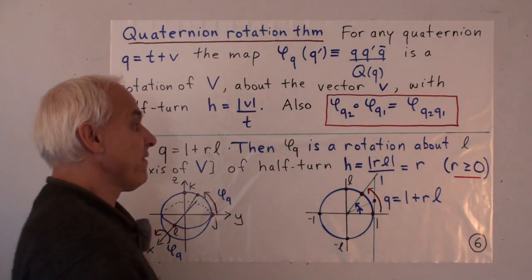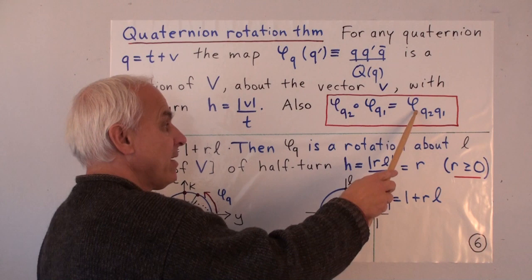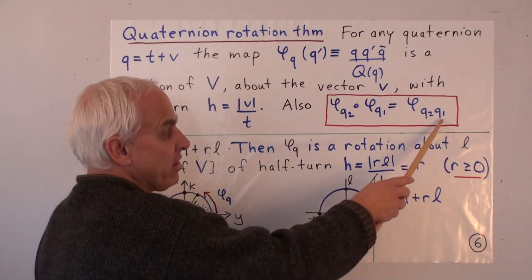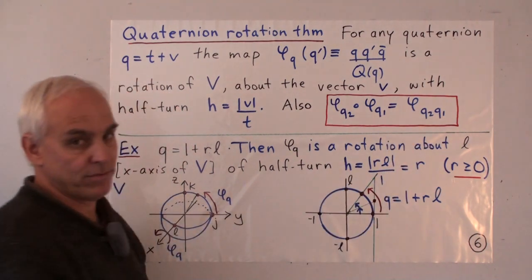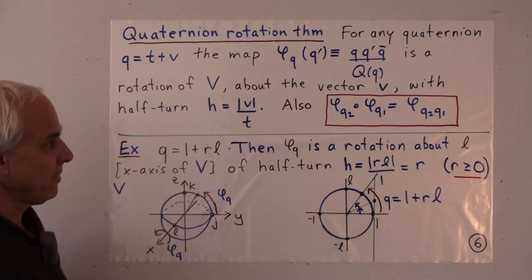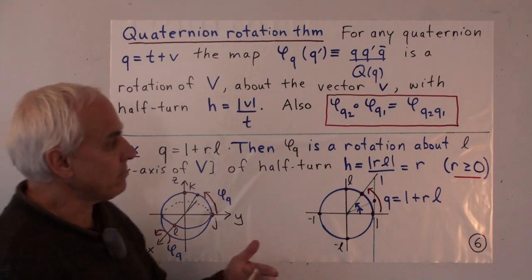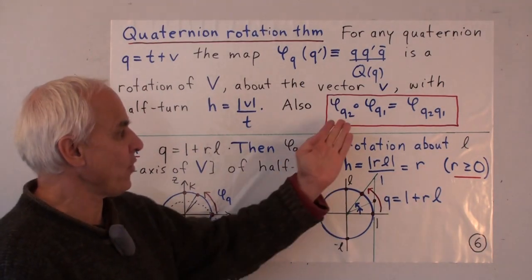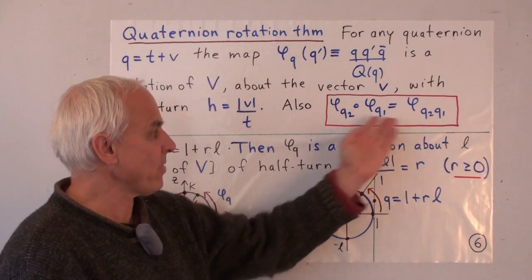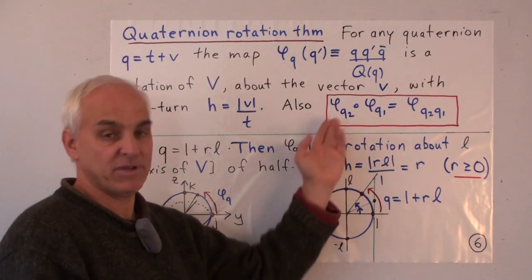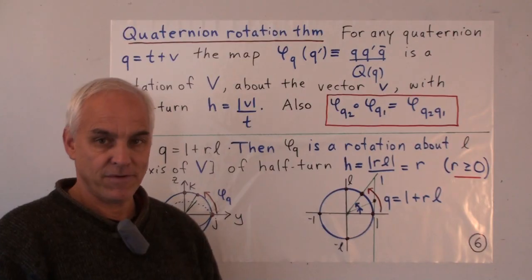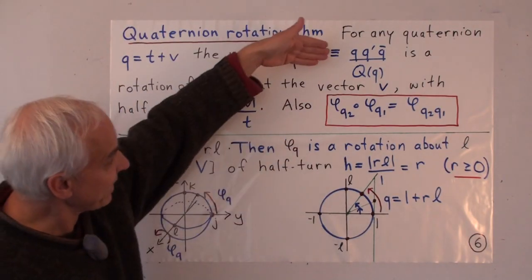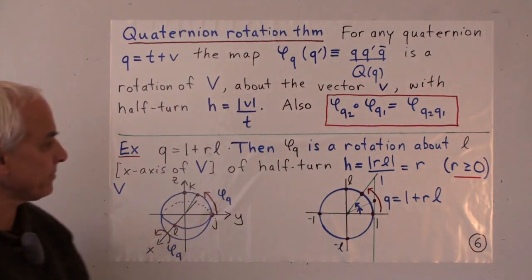Well, that has the cumulative effect of being the rotation generated by q1 times q2. So the multiplicative structure of the quaternions is directly responsible for the composition of rotations because of the pleasant aspect of this formula.